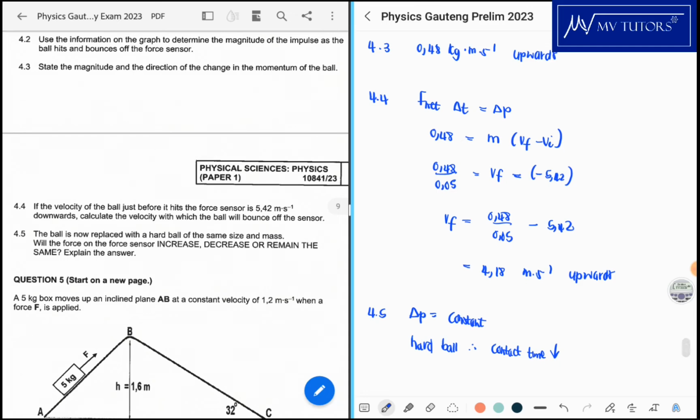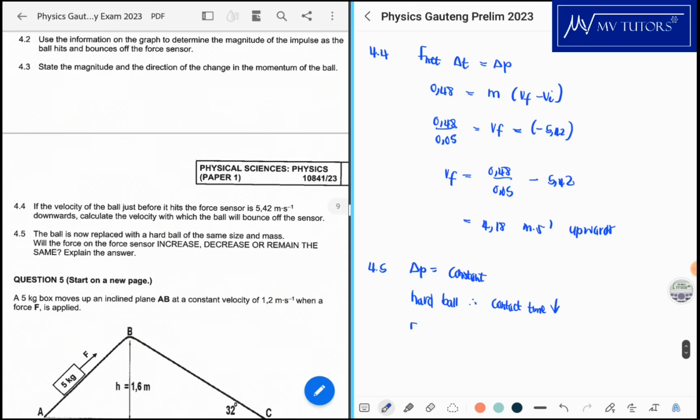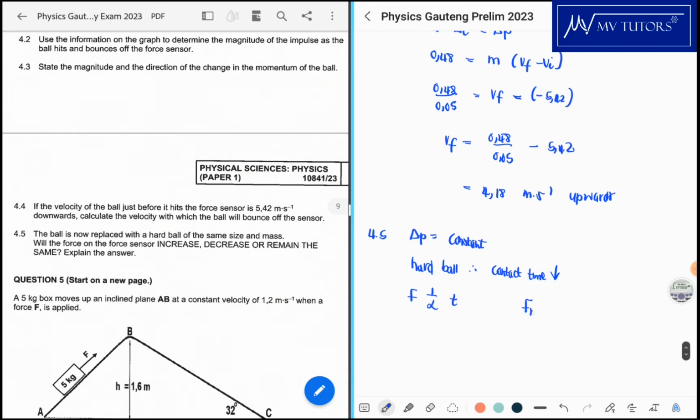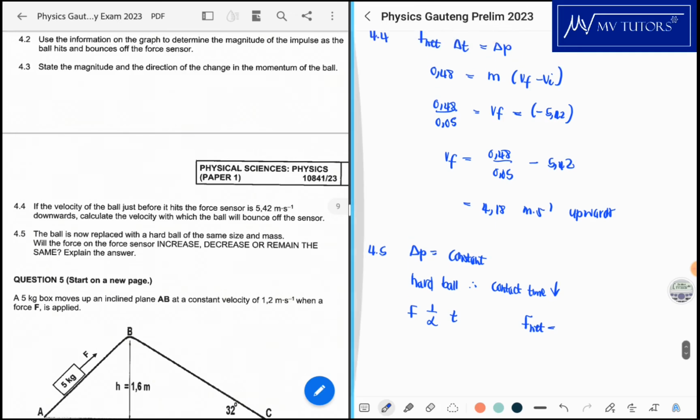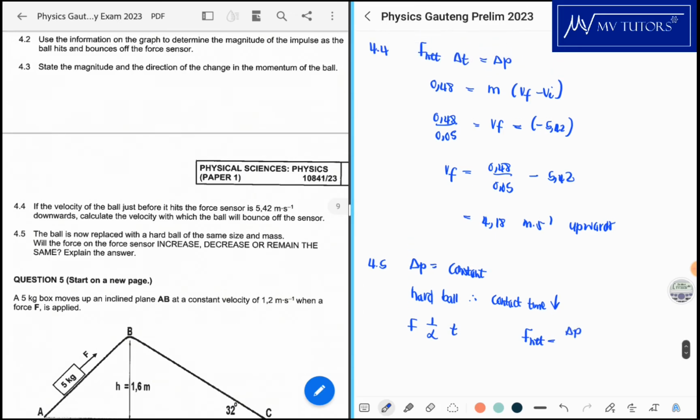And we know that our force is inversely proportional to time. We see it by this equation here. F net, if we take time to the other side, is delta P over delta T. So if this contact time is less, the net force will be higher.